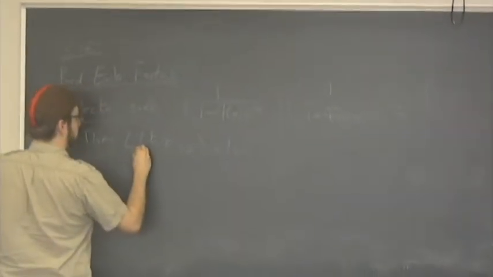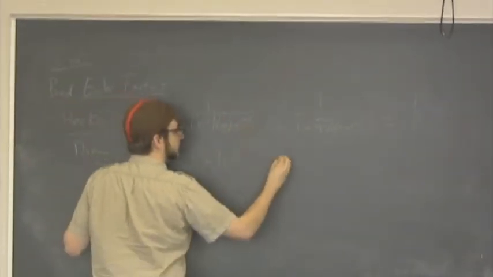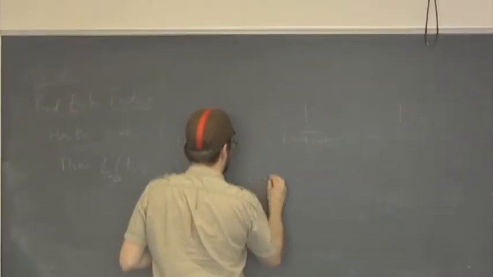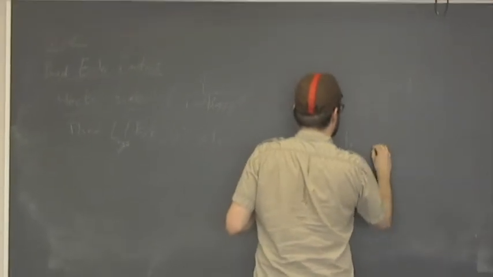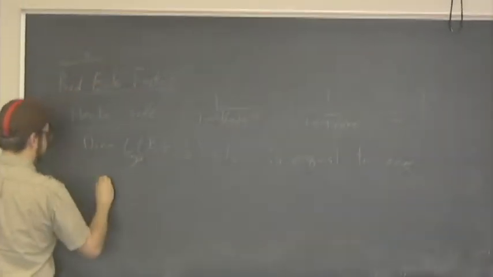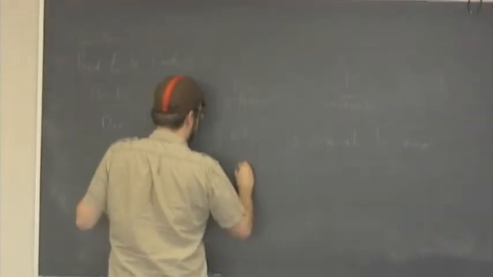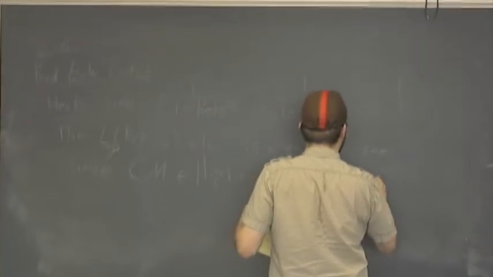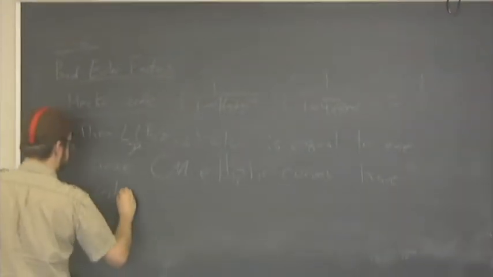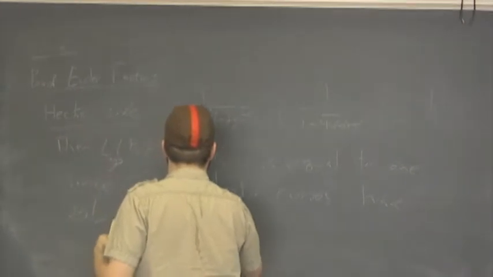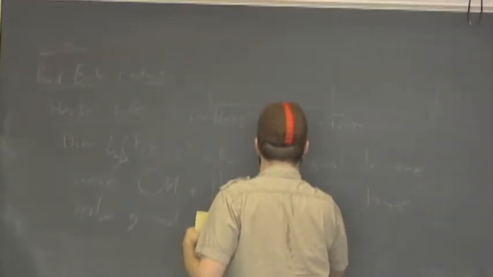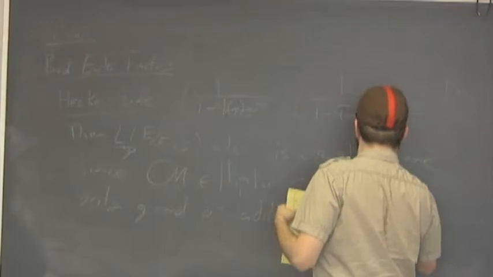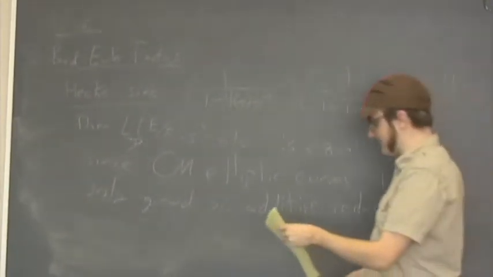The local factor at p also is equal to 1 because CM elliptic curves have potentially good reduction, which means they have additive reduction. So that takes care of the bad factors.